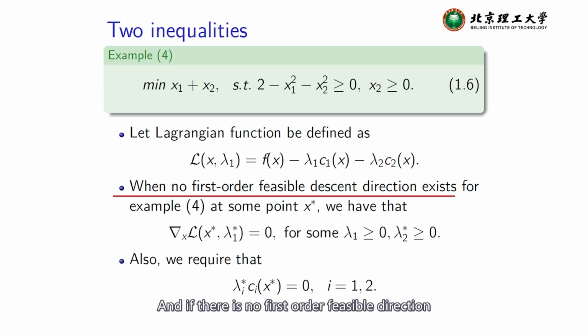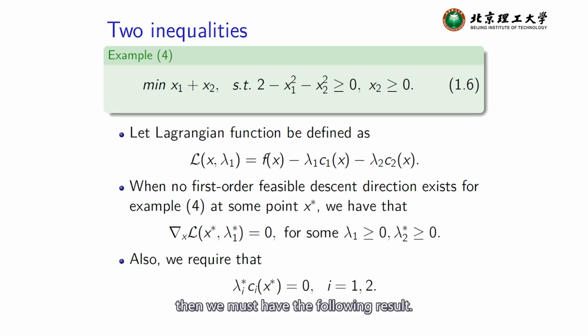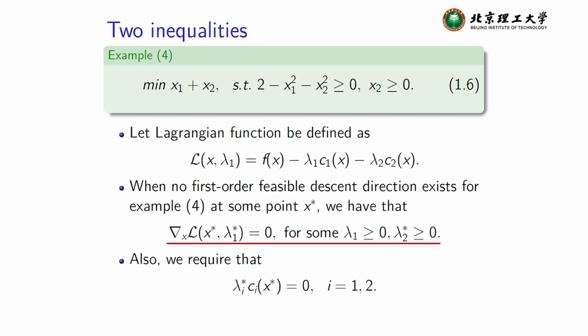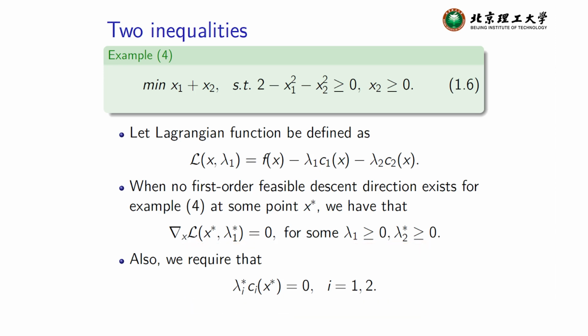And if there is no first order feasible direction at some point, then we must have the following result: the gradient of the Lagrange function with respect to x is 0 for non-negative lambda 1 and lambda 2.